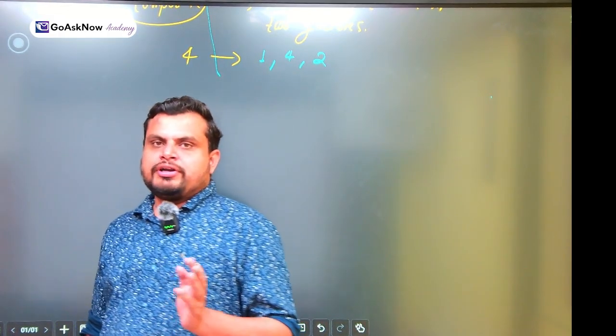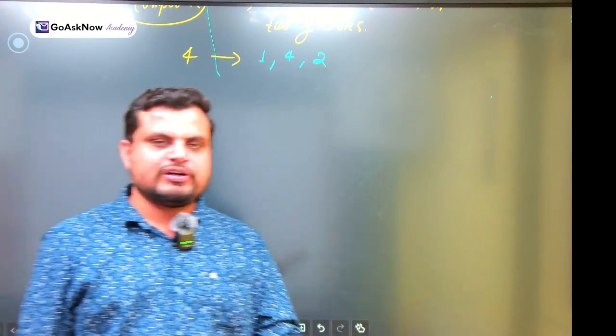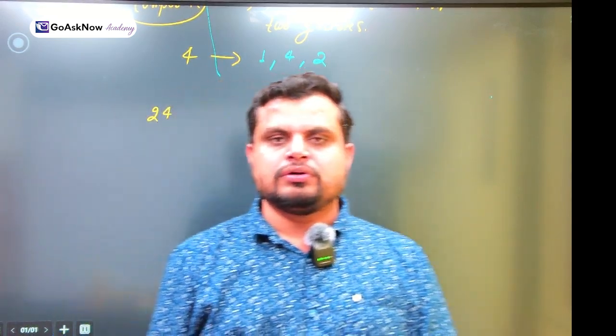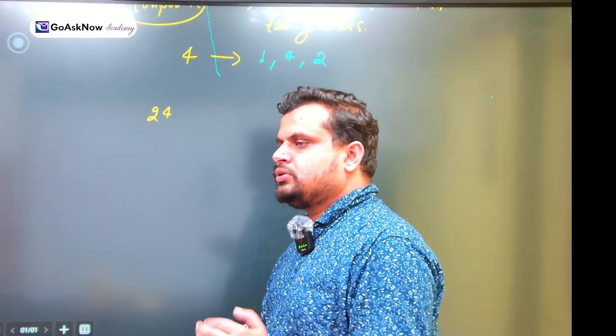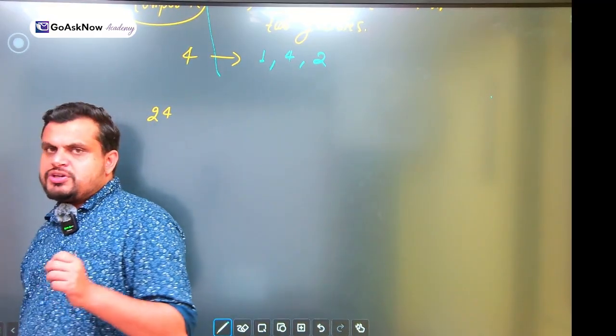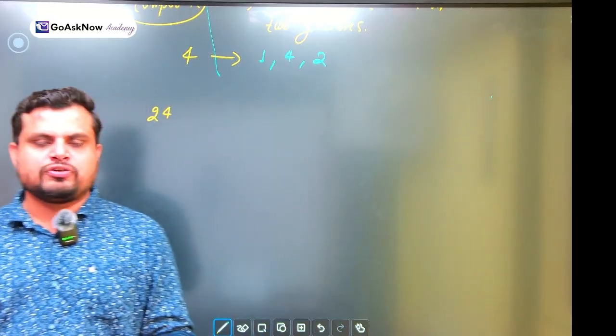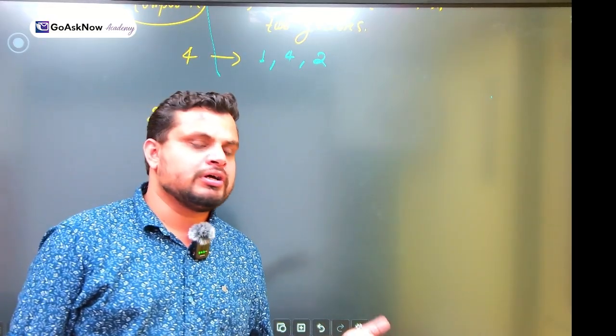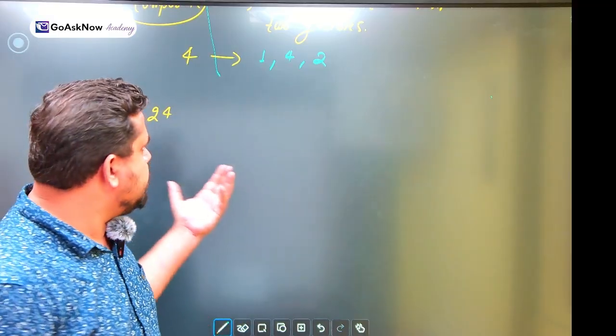Yes, 24 has factors 1, 2, 3, because 3 divides it as well, 4 divides it, 8 divides it. So it has more than 2 factors obviously. So this is not a prime number, this is a composite.